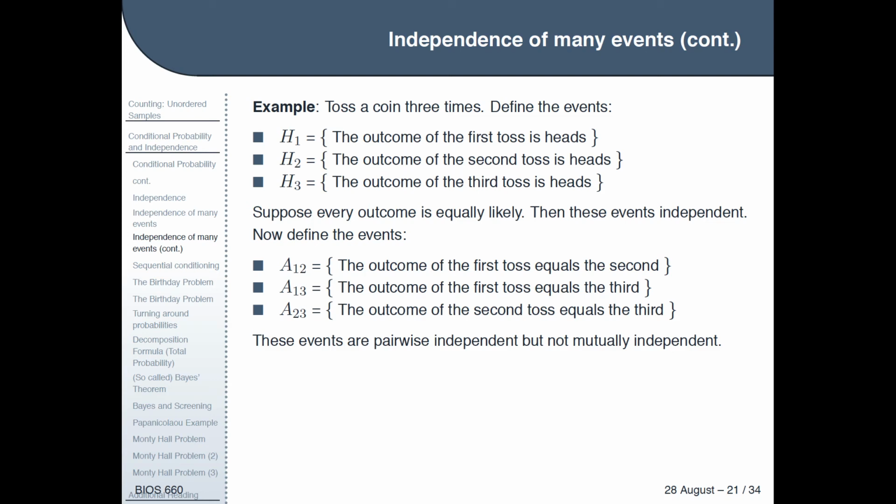If you're given that the first toss equals the third and that the second toss equals the third, then you know that A1,2 also has to be a true statement, because if the first and third and the second and third are all equal, that implies the first and second are also equal. So this is an example of 3 events that are independent pairwise, but they're not mutually independent, all 3 taken together.